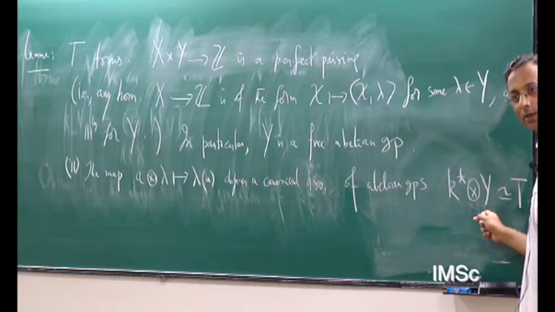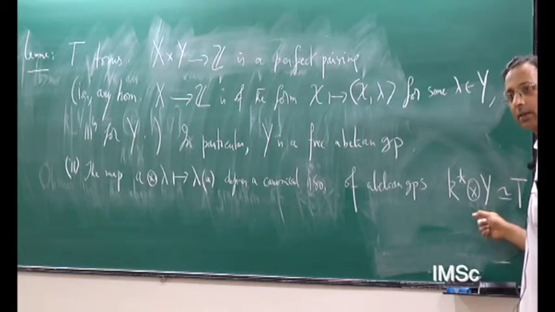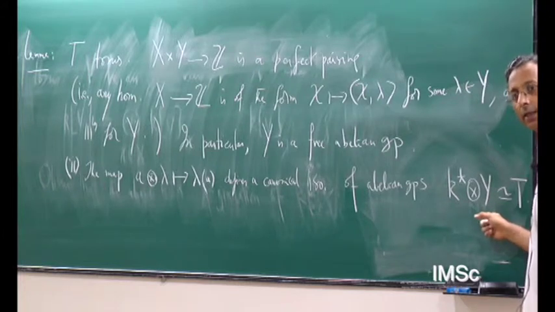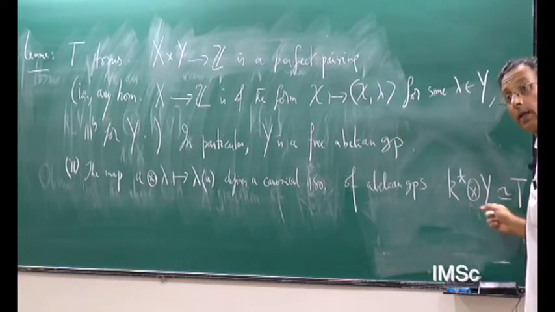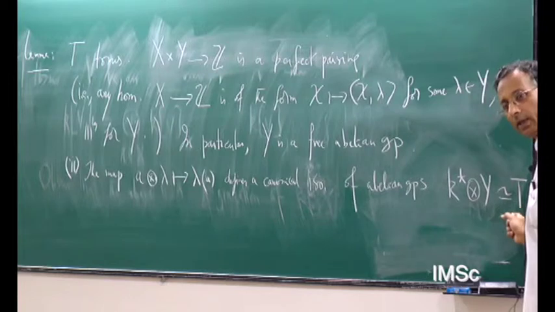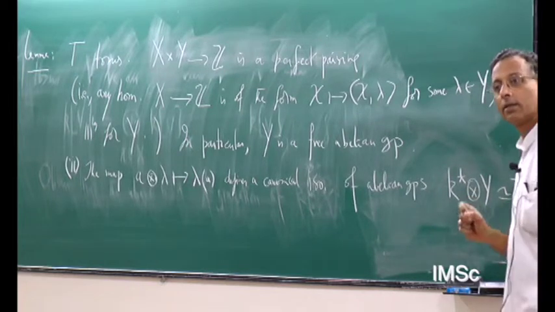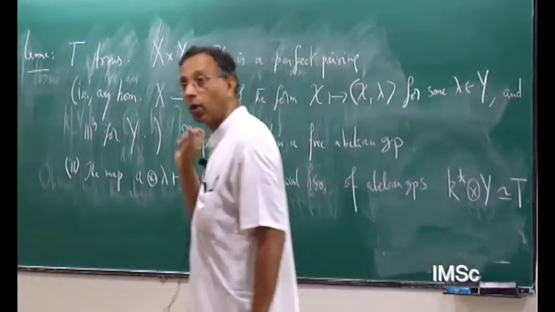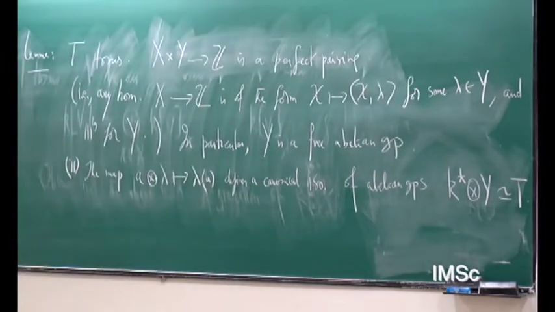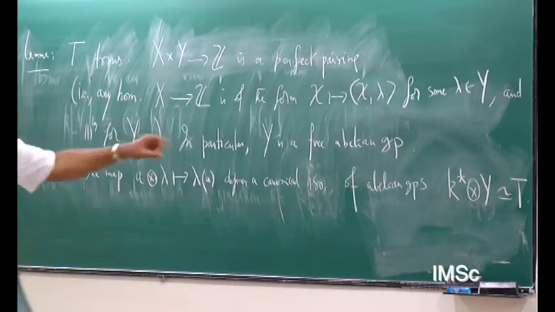K star cross K star, K star direct sum, K star direct sum, right? So as a group, T is this, and this gives a canonical isomorphism, independent of choices of coordinates. Okay, that's the claim there.